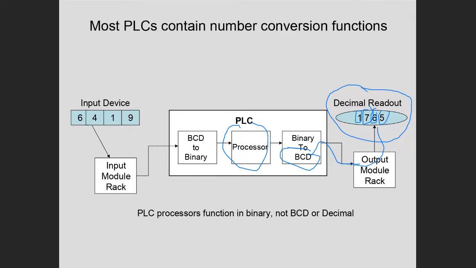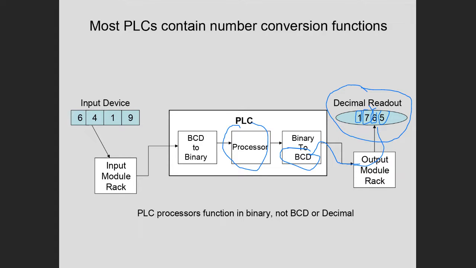So BCD is the second code that's important for us to wrap our minds around. So far we have ASCII code, an 8-bit binary code to represent all printable and non-printable characters on your keyboard.